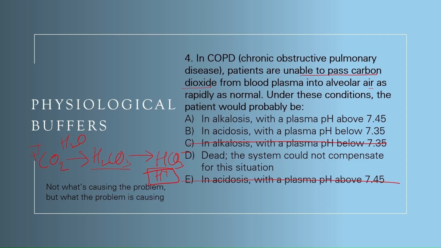So it leads to acidosis, right? Obviously, we're going to ignore this option of death because it's not that severe of a case, and we are talking about how buffering would react to this, okay? So this really confused me back when I was doing this chapter, so I wanted to make sure you guys understood this, so I really hope it's clear.